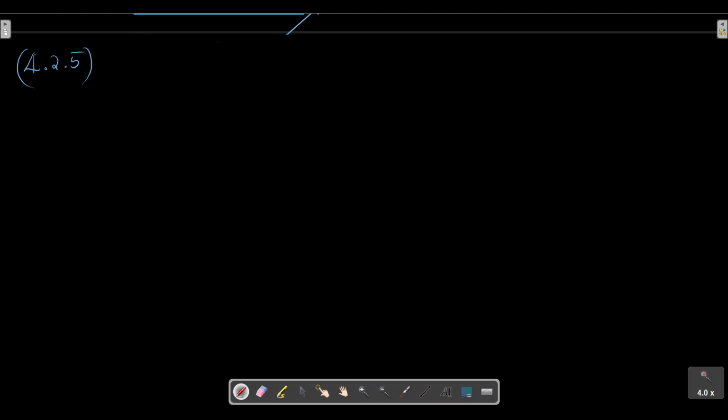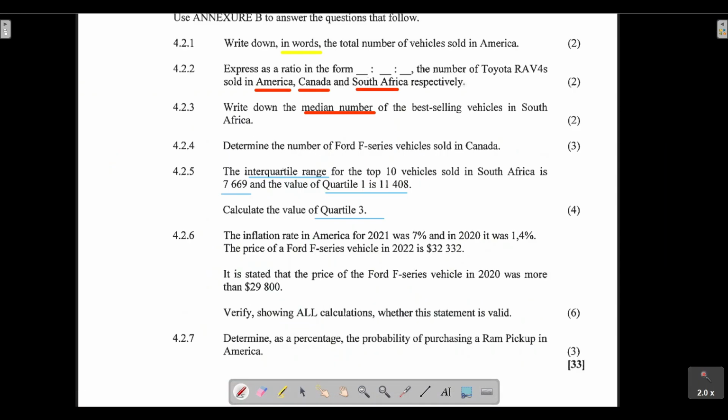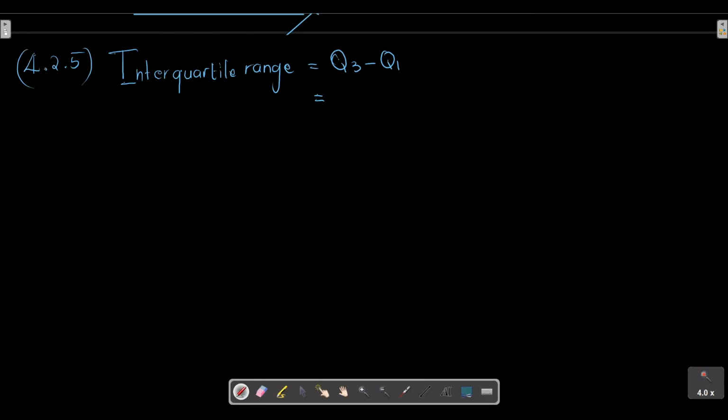So the interquartile range is equal to your Q3 minus your Q1. What information were we given? We were told that the interquartile range for the top 10 vehicles sold is 7,669. So we are already given this value for the IQR.